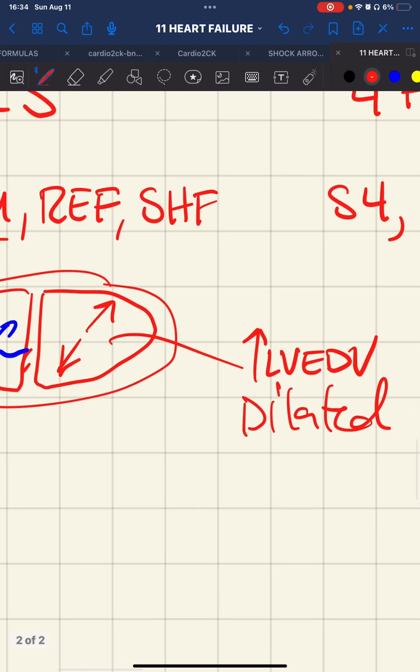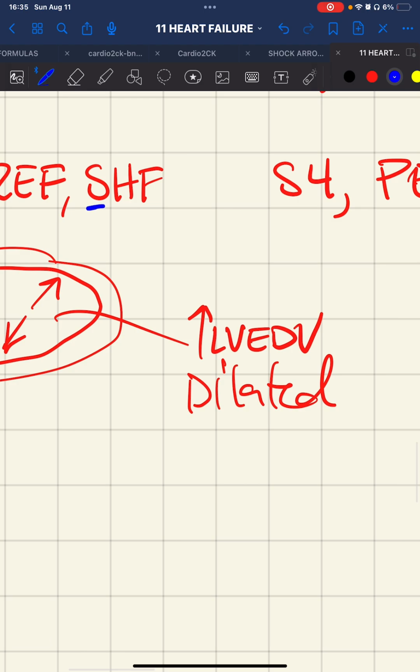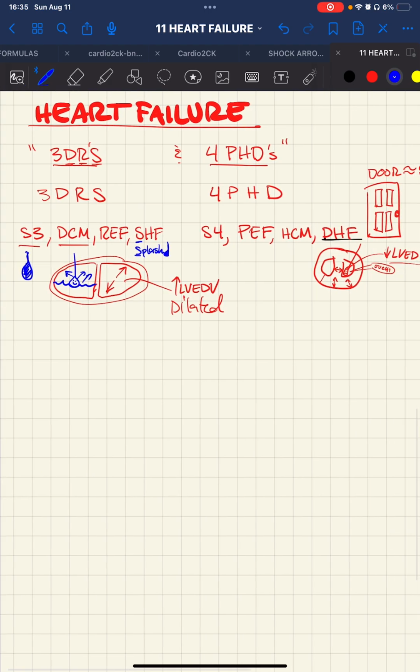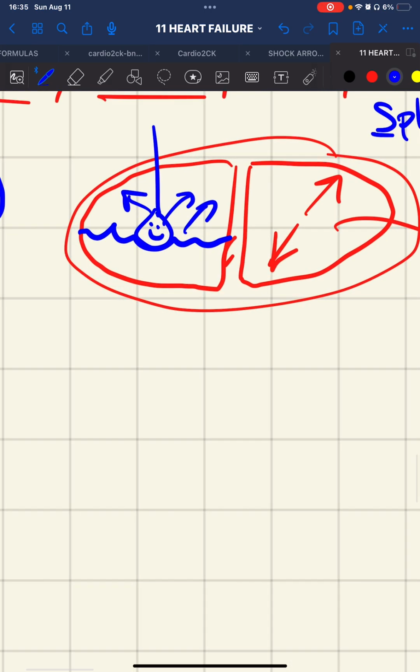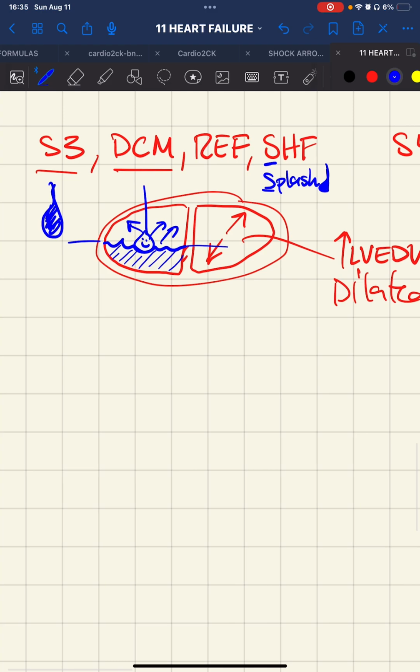Versus over here, we have S for systolic heart failure. This is gonna be splash. And it's gonna be early because there's all this water here. This is just a memory aid. Don't go too much into detail about it.